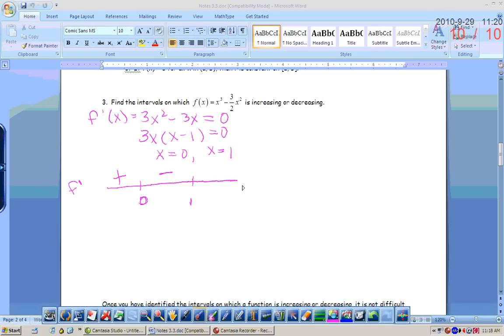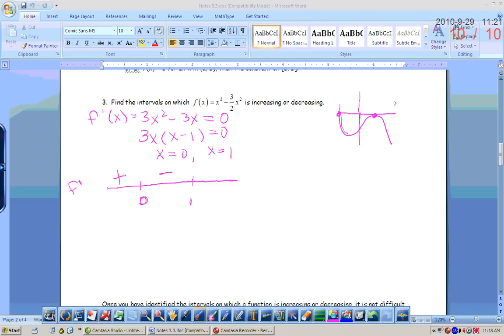Kelly? Okay, that's a good question. She's basically asking, once you get that first positive or negative, are they always going to alternate? And the answer is no, because if you have a graph that, say the graph of the derivative looks like that, then you're going to go positive, negative, negative.